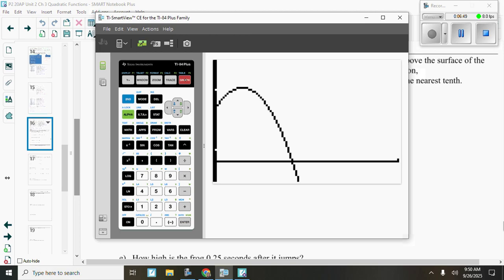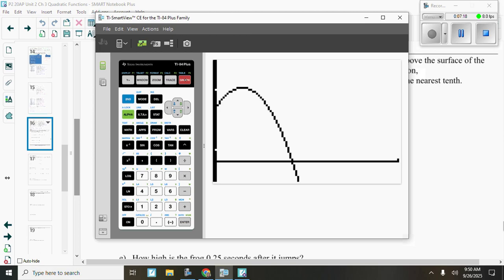So you play around with it. Here's the thing. When you do your sketch, writing down what your window settings are helps you if you ever come back to your sketch and you have no idea how you got that graph or what your window settings were. So just write in what your window settings are. If I ask for your window settings, there's not a correct answer that you have to hit, as long as in your window you can see all the critical information.